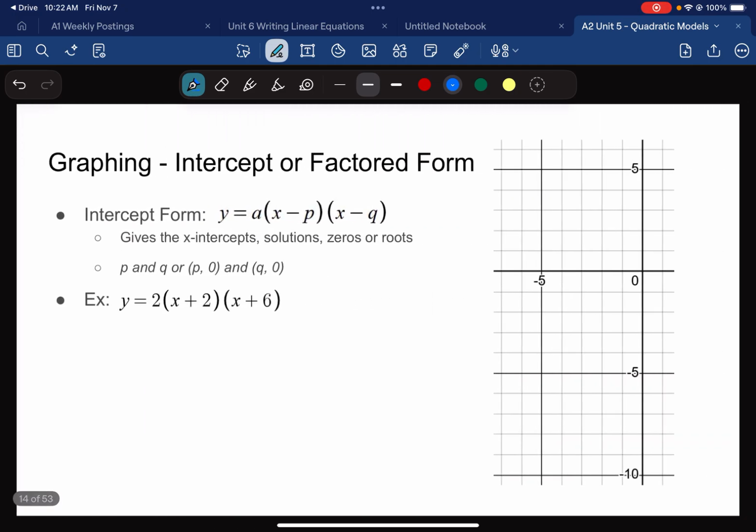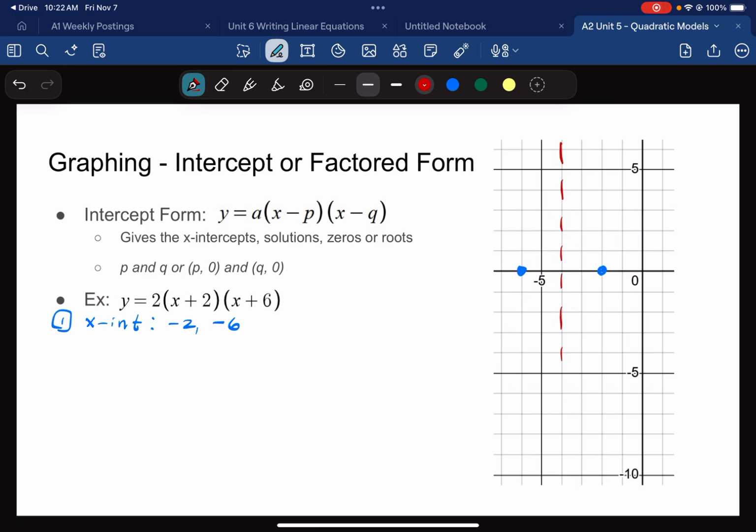So let's look at an example of this one. We'll start with what we know. This one is telling me the x-intercepts are -2 and -6. So what's halfway between -2 and -6? Well, hopefully you realize it's -4.